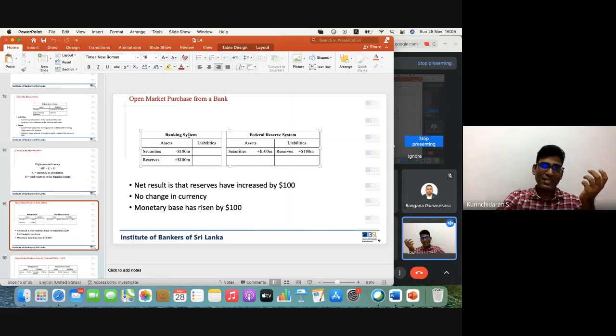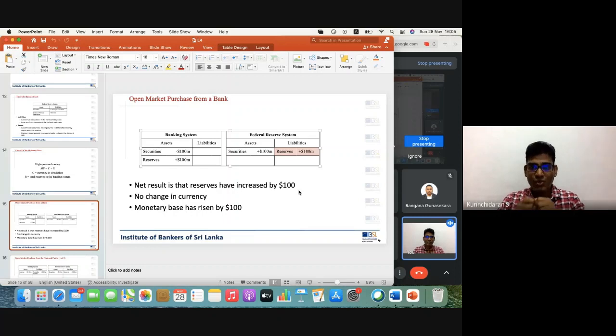But in the banking system balance sheet, securities declined by 100 million and reserve increased by 100 million. Now you can see the reserve increased by 100 million. That means the monetary base increased by 100 million.